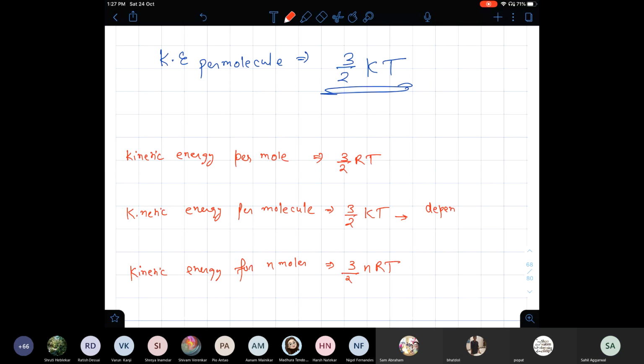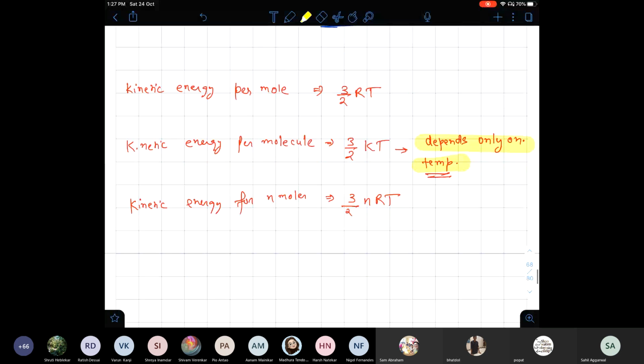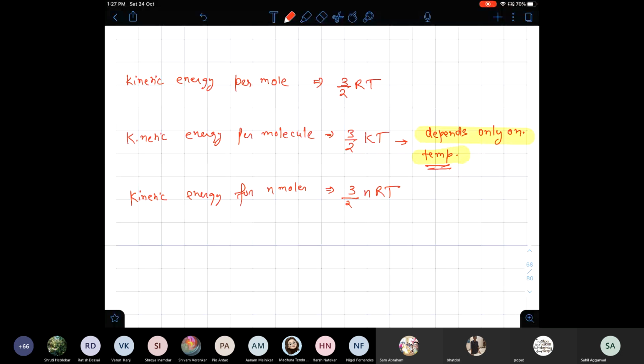It depends only on temperature. This is also called average kinetic energy.